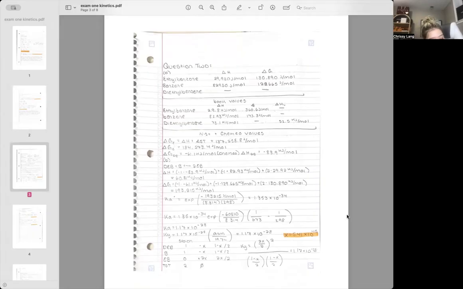For part B, to find the equilibrium conversion for the reaction between diethylbenzene and benzene forming ethylbenzene, I first wrote the balanced equation and expressed the change in each species in terms of the reaction extent. Then I used the thermodynamic data above to calculate the standard Gibbs free energy change at 400 degrees Celsius. From that, I determined the equilibrium constant, and then I related that to the partial pressures of each species using the equilibrium expression, as you can see here.